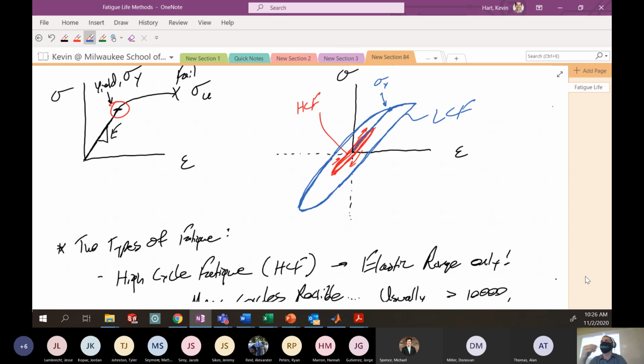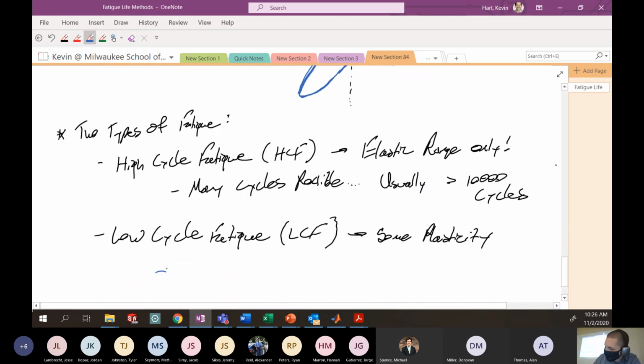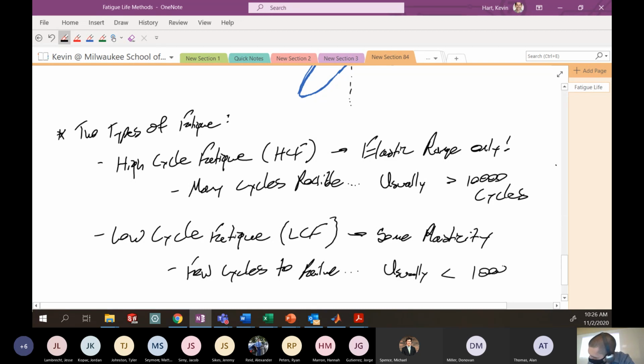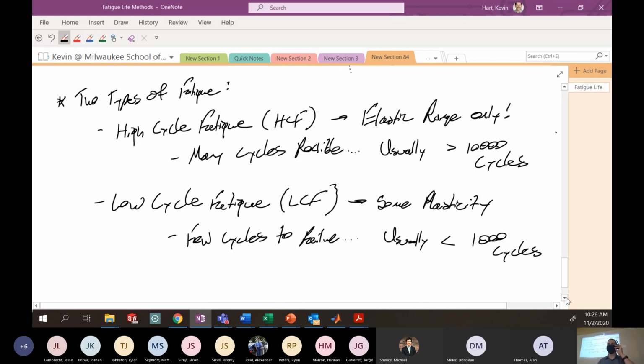Now I've broken it off just by introducing a plastic sort of fatigue behavior. So there you go. It's the difference between high cycle fatigue and low cycle fatigue. Here, much less tolerance, so few cycles to failure. And so this is usually less than 1,000. All right, so hopefully you think of that pencil example.